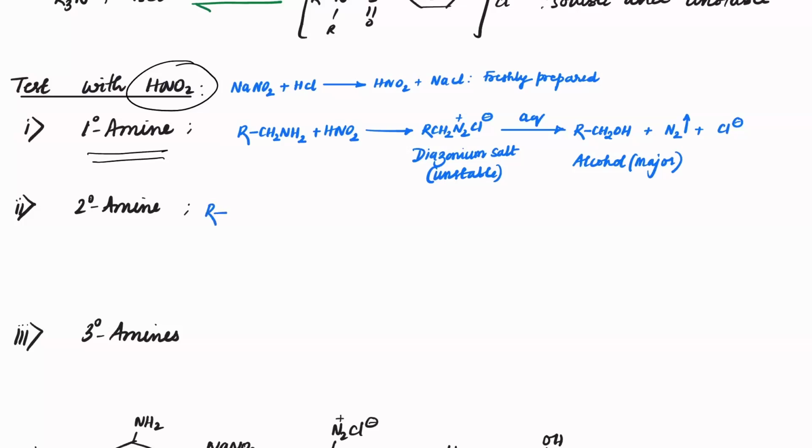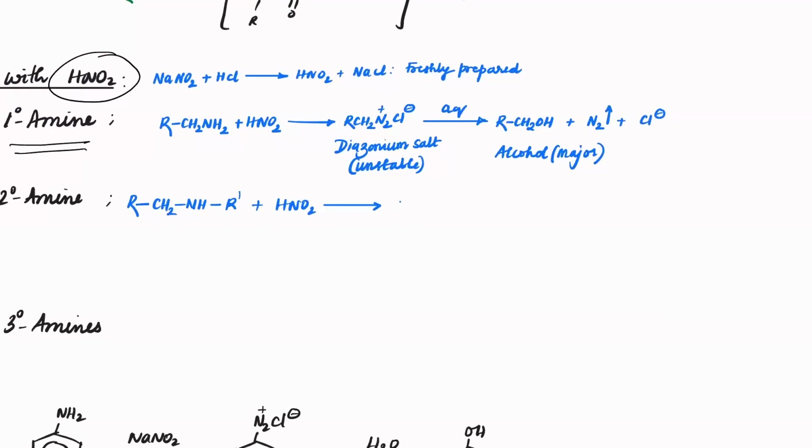Second, if it is 2 degree amine, that is R CH2, okay, NH, and then R dash. When you react this with HNO2, in that case, instead of diazonium salt formation, it will form something like this: CH2, N, right, with R dash, and this gets connected as N double bond O. Okay, so it is like a nitroso group attached here, correct?